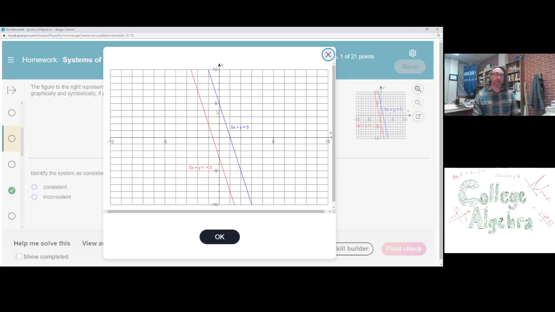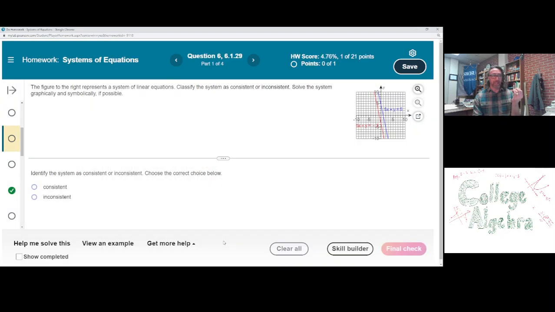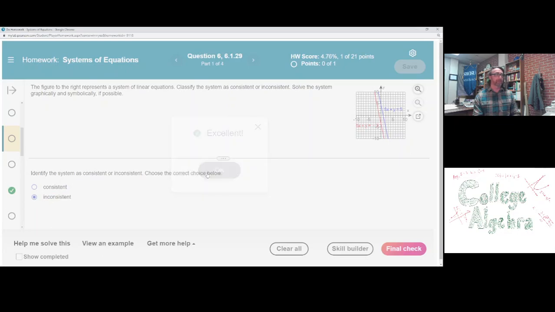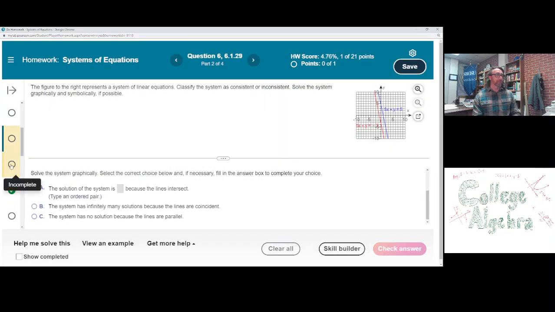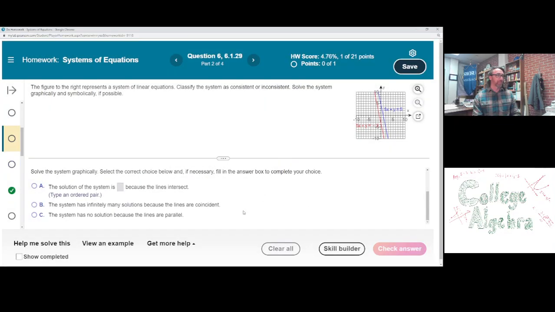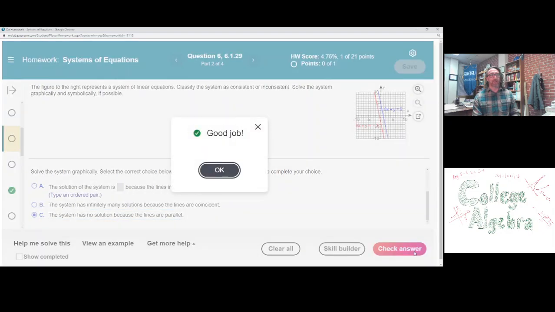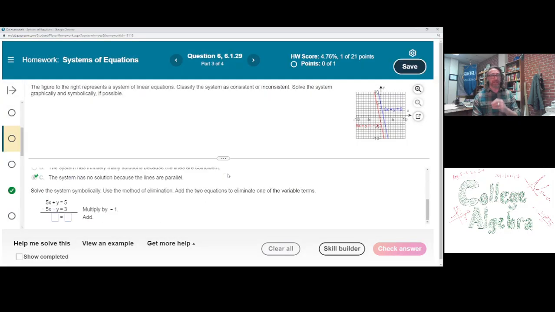The lines are parallel. They both have slope -5. They don't intersect. There is no point in common. There is no solution to the system. The system is inconsistent. The system has no solution because the lines are parallel. Two ways to say the same thing.